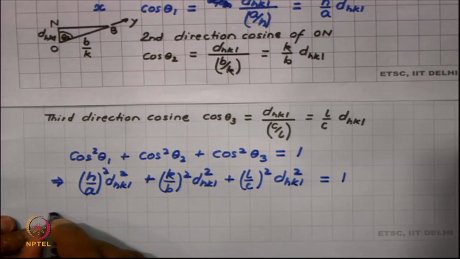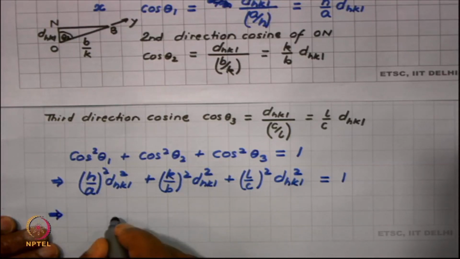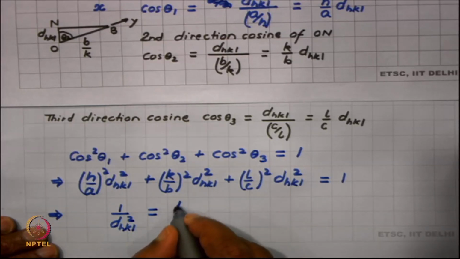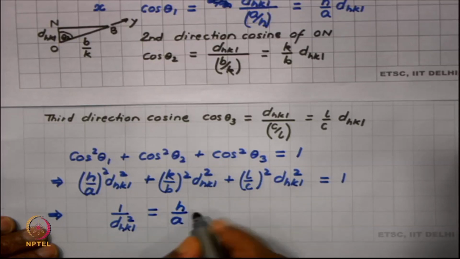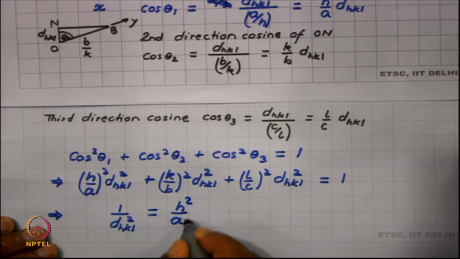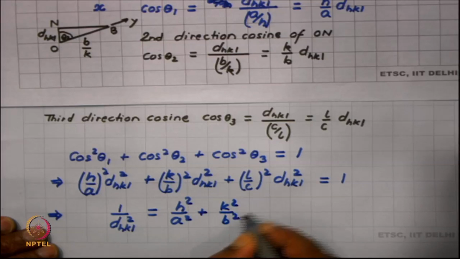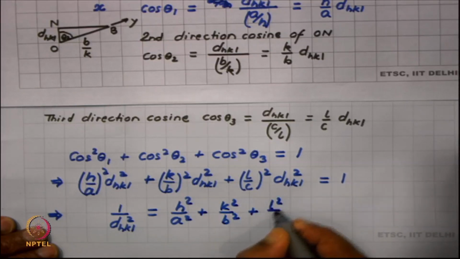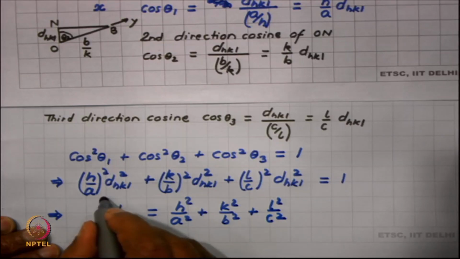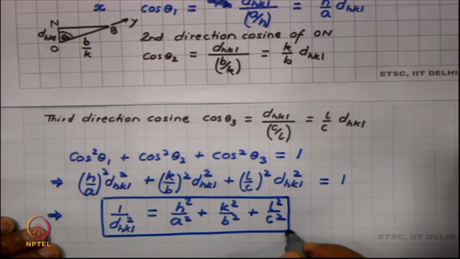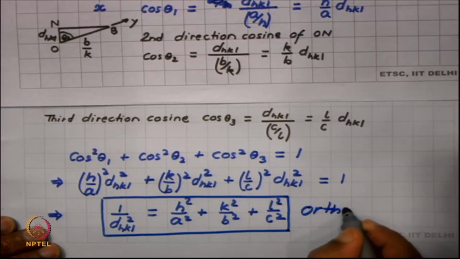So, you can quickly see from here that now we have derived the formula. I can take d_hkl squared common and take it on the other side. So, 1 by d_hkl squared is nothing but h squared by a squared plus k squared by b squared plus l squared by c squared. This is for orthorhombic.